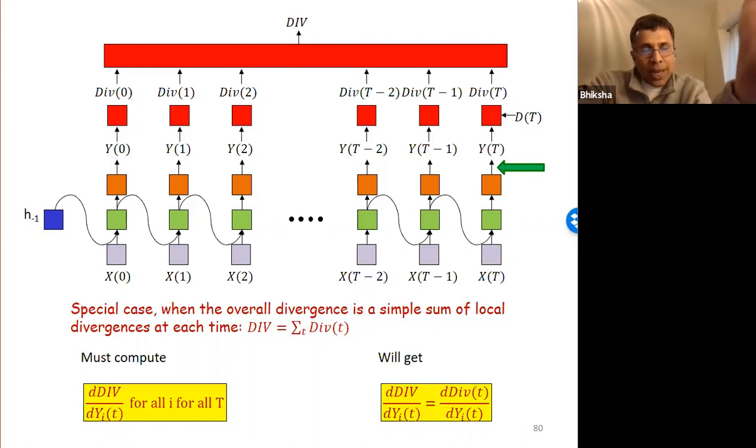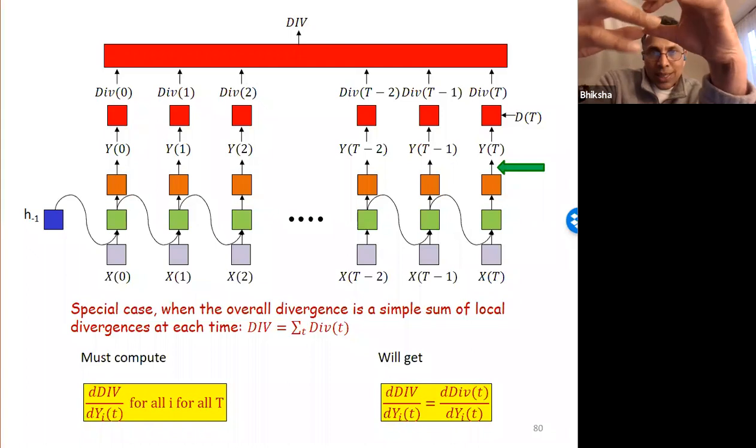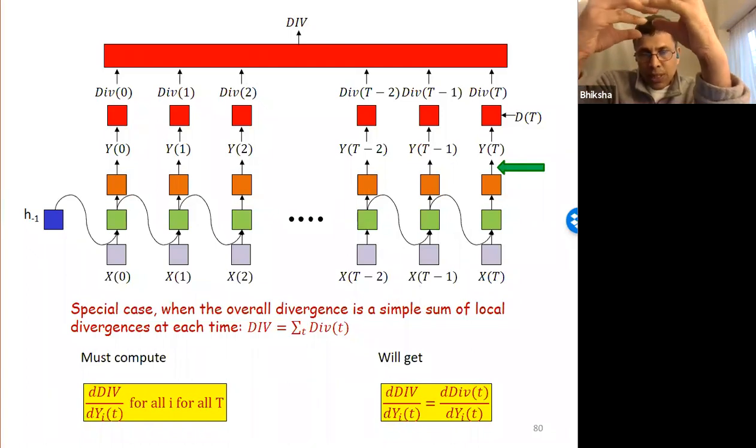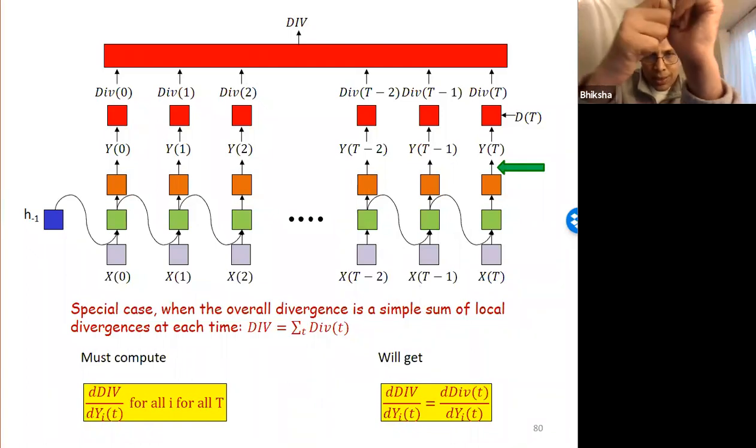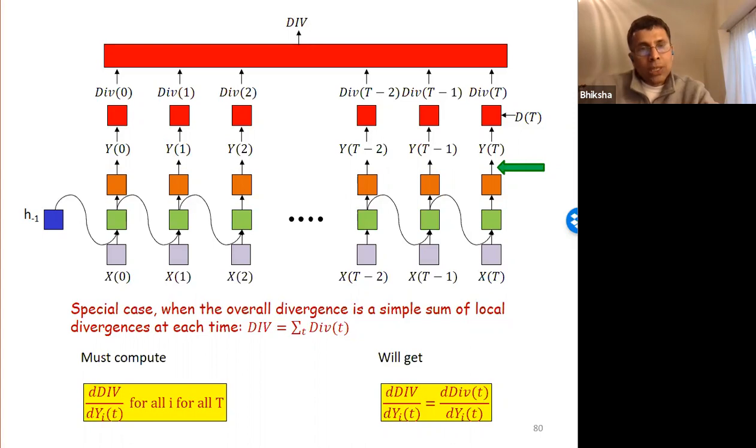And you can compute the divergence between these two and sum up all of these divergences. And the sum represents the divergence between the two sequences, the sequence of outputs and the sequence of desired outputs. In this case, the derivative of this total divergence with respect to an individual output is simply the derivative of the local divergence with respect to that output. But this is not the generic case.